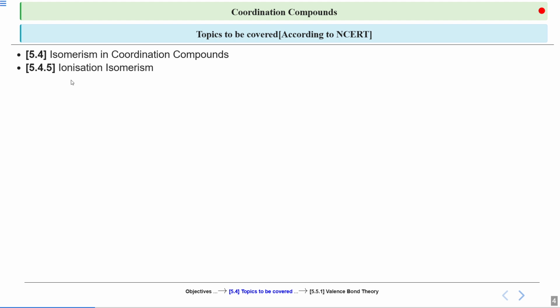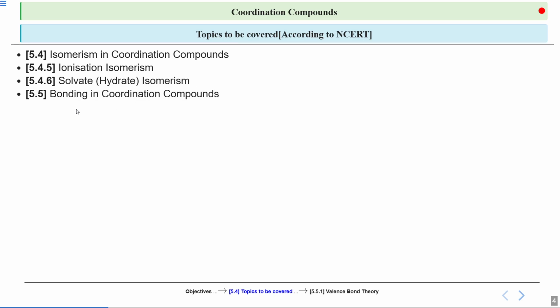Then 5.4.5, the ionization isomerism. Then 5.4.6, which is solvate or hydrate isomerism. Then we will study section 5.5, that is bonding in the coordination compounds. Then we will cover our next subsection 5.5.1, that is valence bond theory.